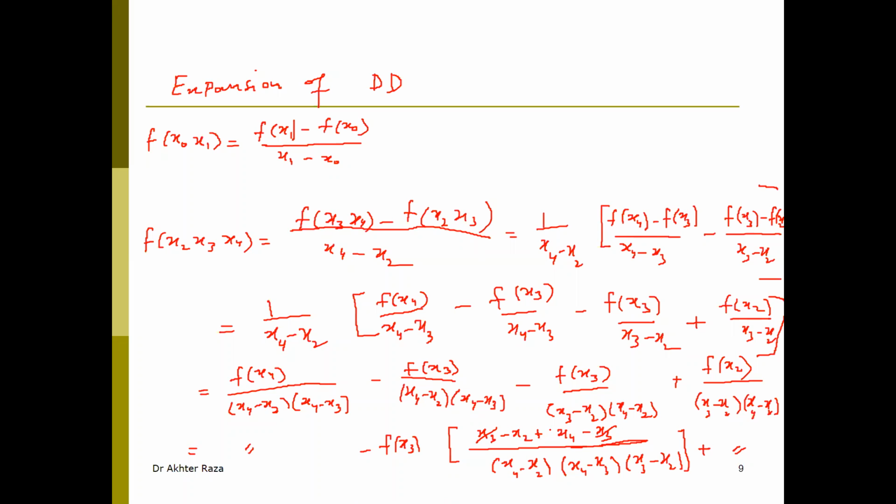So what we have here, x4 minus x2 in numerator, and we have x4 minus x2 in denominator, so that will be cancelled out with this one. So I'm just writing the remaining terms here and finalize this.